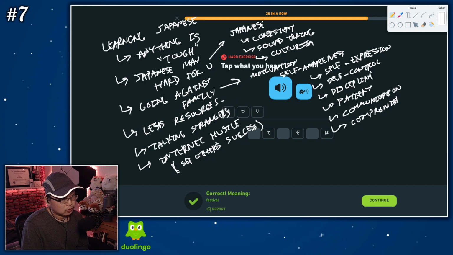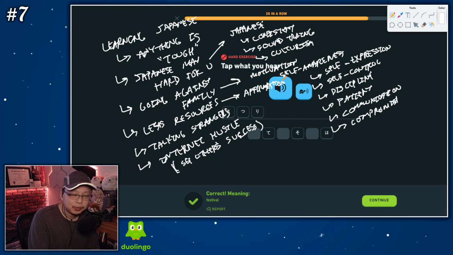And less resources. So if you're not motivated by people, or people annoy you, you have less resources. That's less affirmation. Affirmation is when someone says, good job, keep going, kind of thing. You have less of that. It's less encouraging. So less affirmation, less encouragement. So you develop skills to feel more reward, right? You have to develop all these skills when you have less resources.